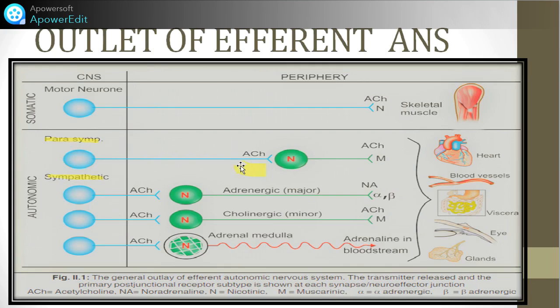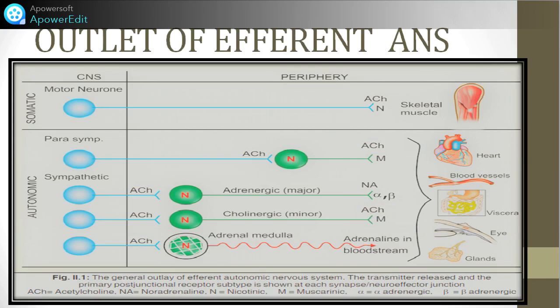So these blue colored are preganglionic fibers, and these green colored are postganglionic fibers, and this is ganglia. So acetylcholine, ACH, is the principal neurotransmitter.